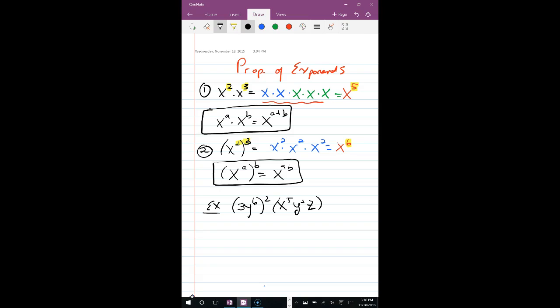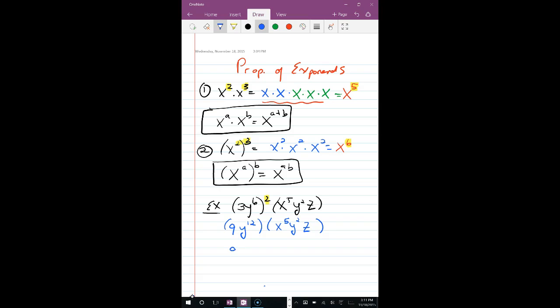So I'm going to take care of this whole term in parentheses squared. And I'm going to see that 3 squared is 9, y to the 6th squared is y to the 12th. Now I'm going to multiply that by x to the 5th, y squared z.